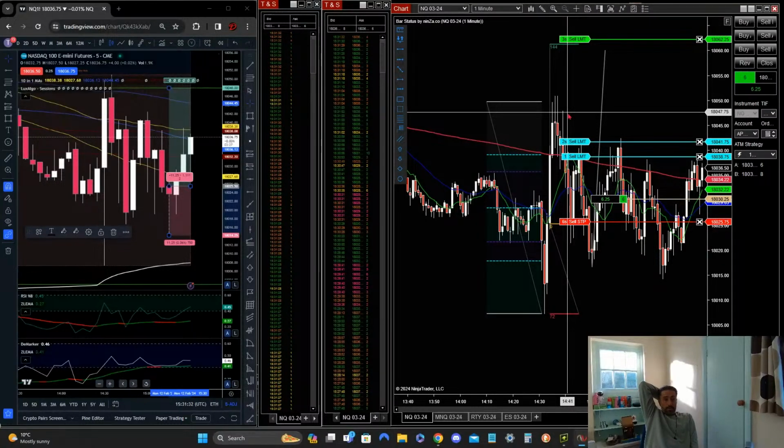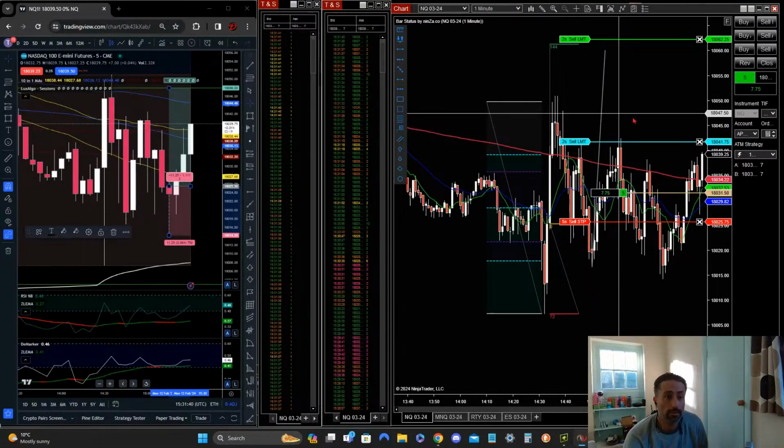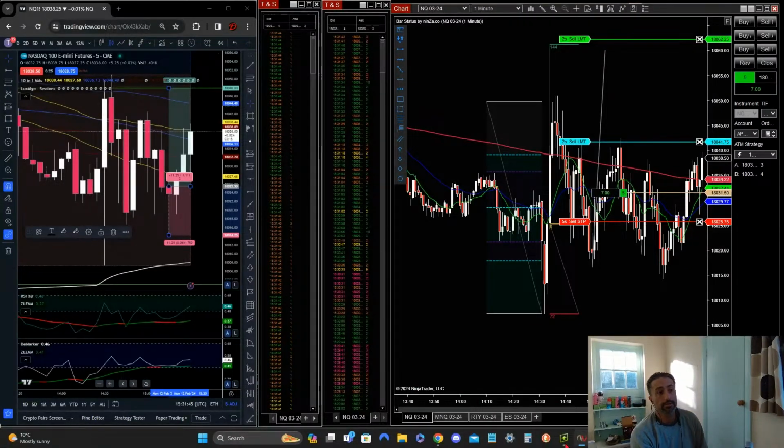The breakout's about to happen. I shouldn't be taking any off, but because I'm on Apex, I can't make too much in one day. If I'm trying to pass the challenge, I'm already at my target for the daily target. So just let this one happen.